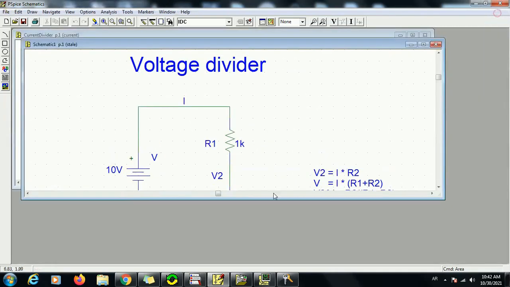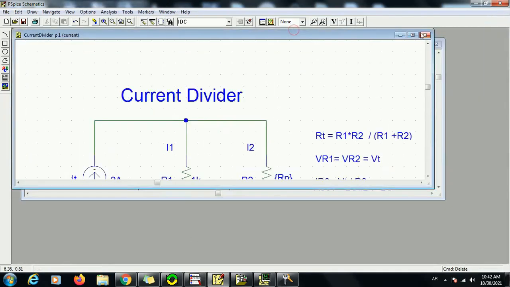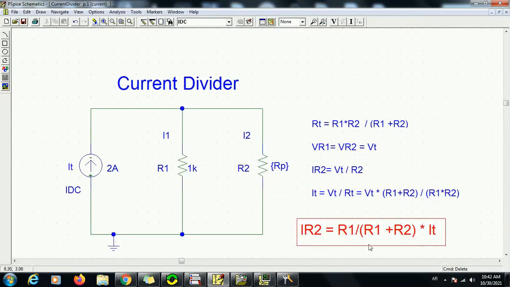Whereas for the current divider, it is R1 divided by the sum of the two resistors multiplied by I total. The only difference is that we have substituted the total voltage with the total current, and if we are looking for the current in this resistor R2, then we use the opposite resistor, R1, instead of R2.